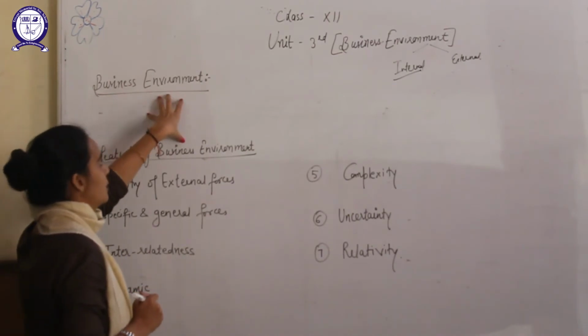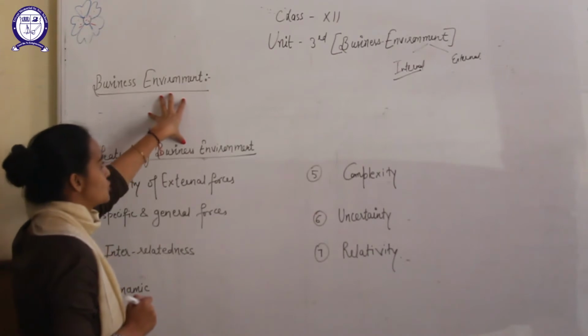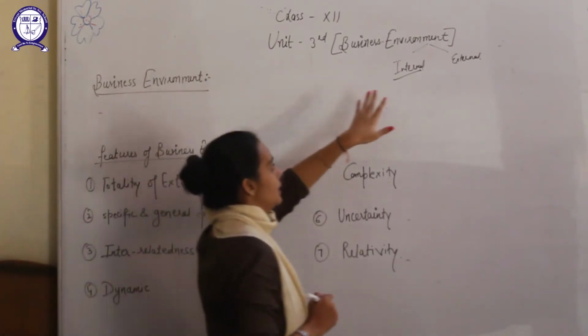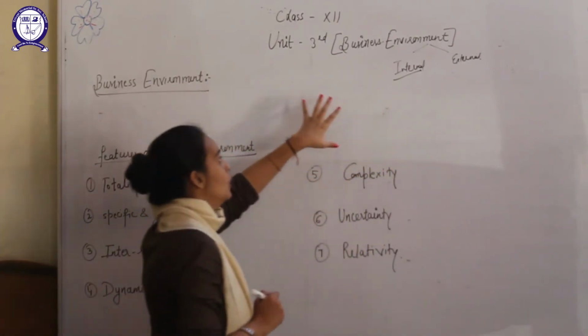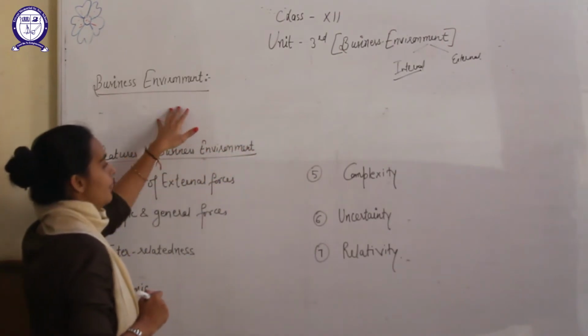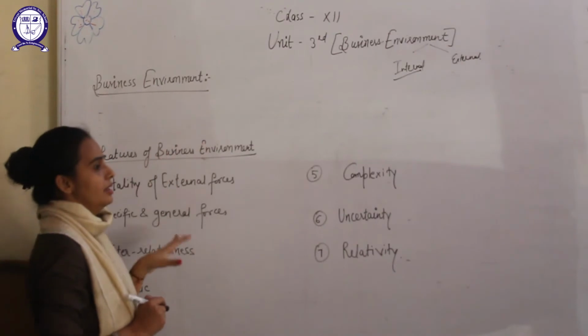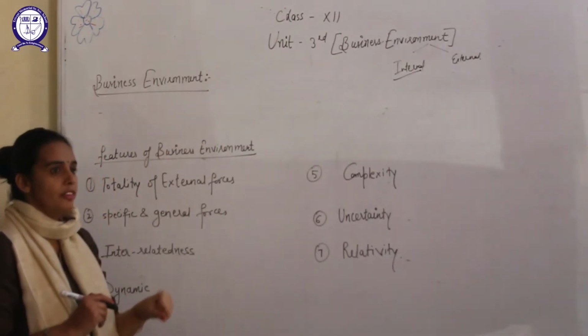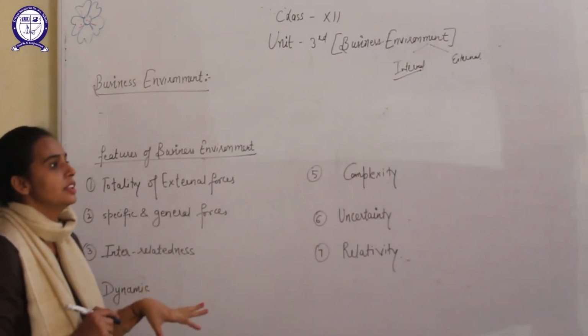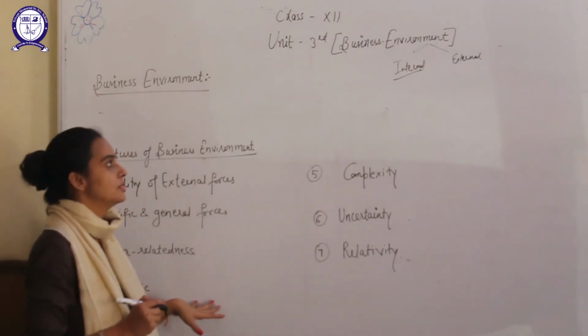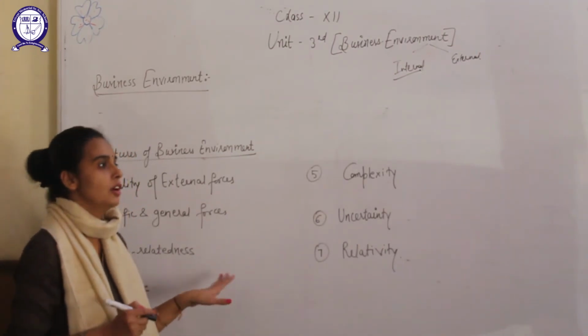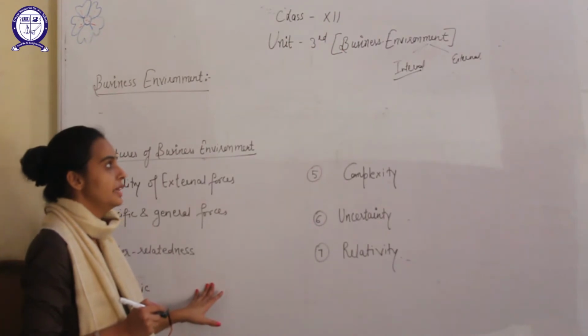Basically, business environment includes the totality of the external factors or institutions which affect the business directly or indirectly. Like nowadays the present COVID situation is affecting all the businesses. Demonetization happened in 2017.